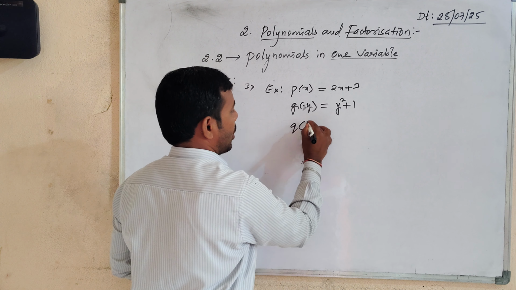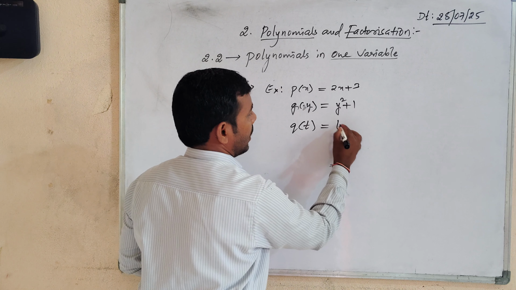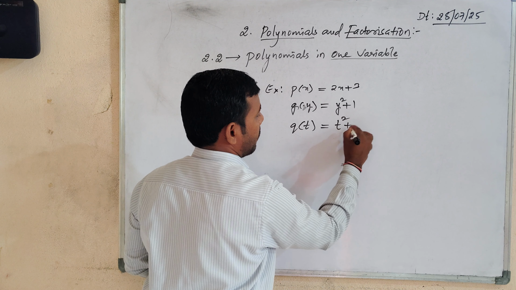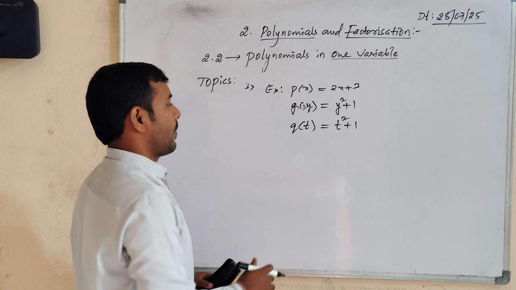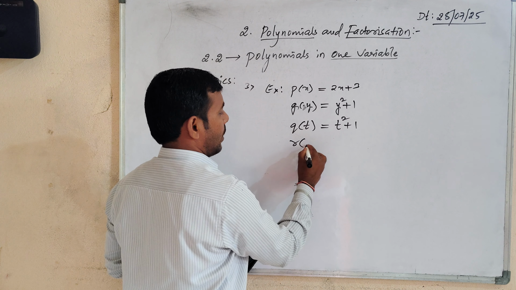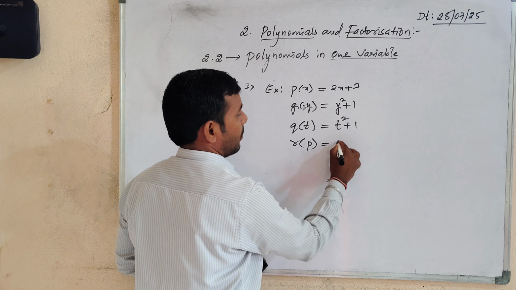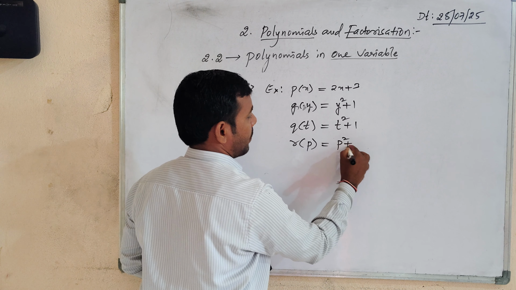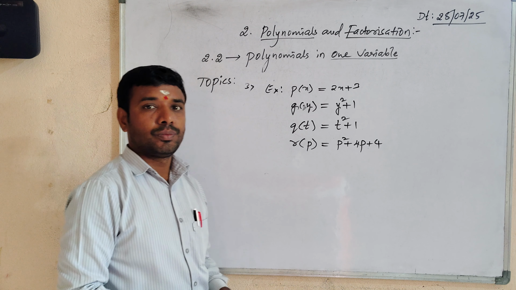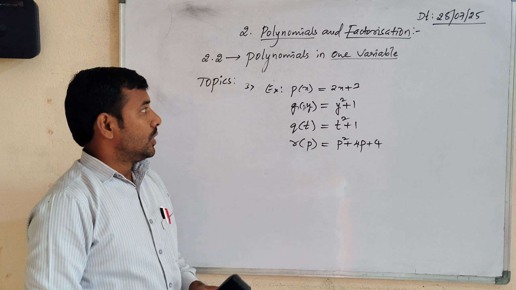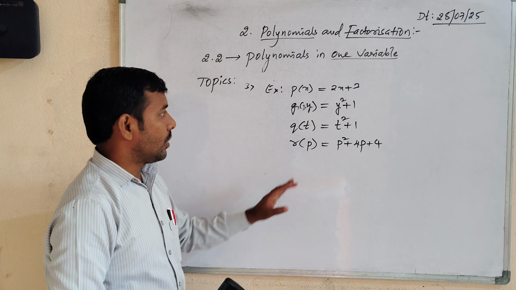Similarly, q of t is equal to t square plus 1. Next, r of p is equal to p square plus 4p plus 4. I think you understood now.